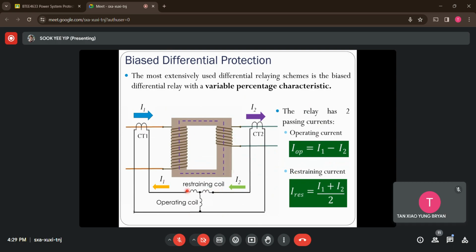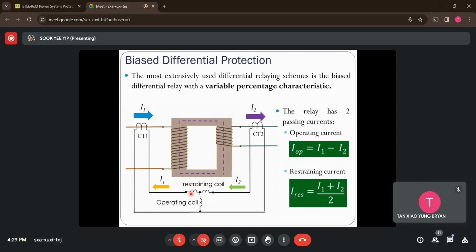Another current is flowing through the restraining coil. How I can find the restraining current is by taking the average of the two measured currents, so you can see I1 plus I2 divided by 2. That's how I find the restraining current flowing through the restraining coil.